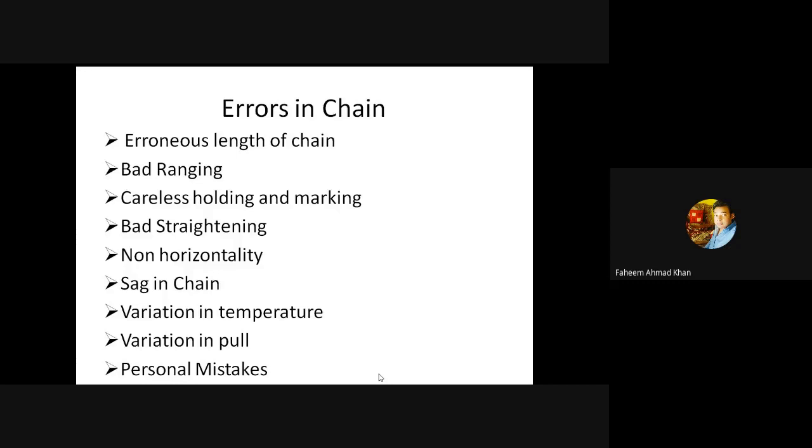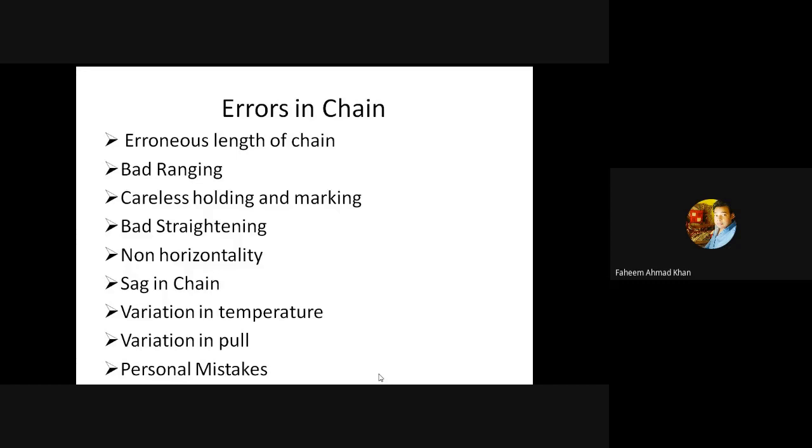The next is sag in chain. What is sag? It is a type of negative hump created in the chain when proper pull is not provided in the chain. When the distance is measured by stepping or when the chain is stretched above the ground due to undulation or irregular ground, the chain sags and takes the form of a catenary.